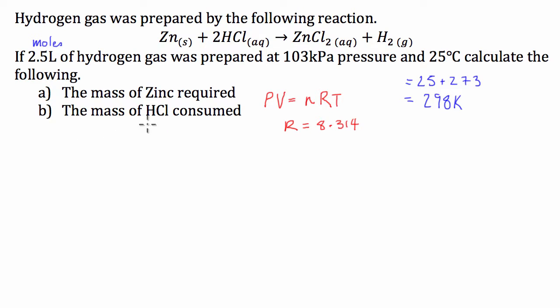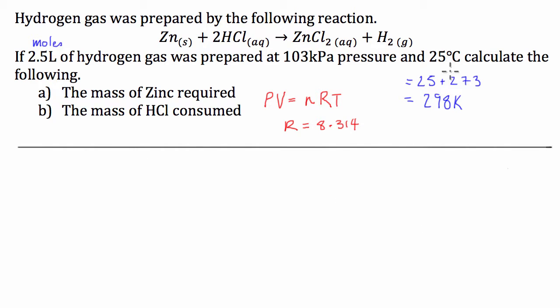So for part A, we're asked to find the mass of zinc required. Like I said to start with, we have to convert this litres of hydrogen gas into moles of hydrogen gas.